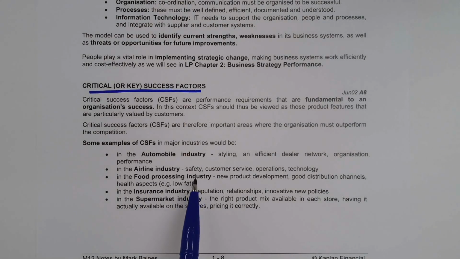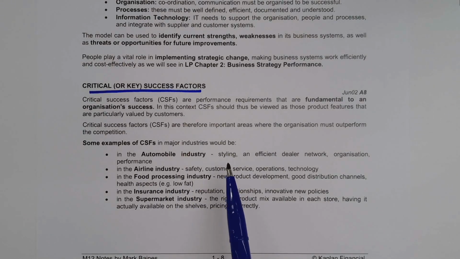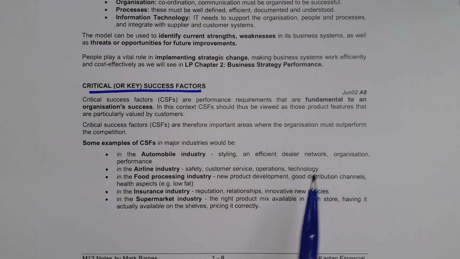Safety is a big one there. There's many other industries that I'm giving examples on. Automobiles, maybe the styling, that's what's going to attract people to the cars. Then distributing them, selling them, we want an efficient dealer network, how we organise and how we assess performance. Many different industries, different ideas down there for how we assess all of that.